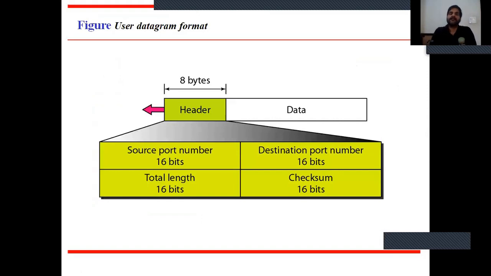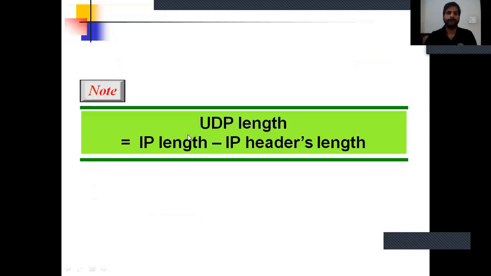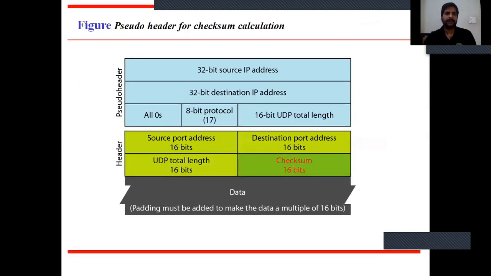So the user datagram format is like this: an 8-byte header and data. The header is divided into source port number 16-bit, destination port number 16-bit, total length 16-bit, and checksum 16-bit. This is the datagram format of UDP. UDP length equals IP length minus IP header length.